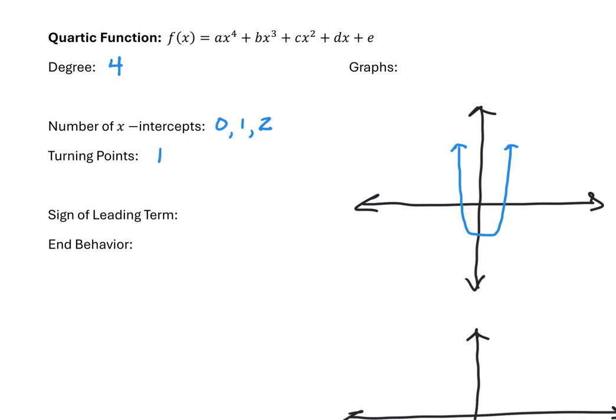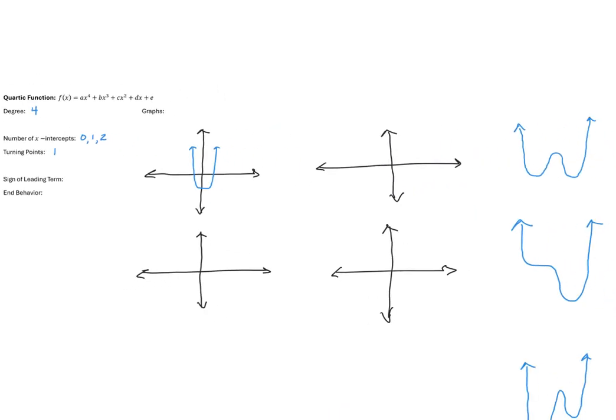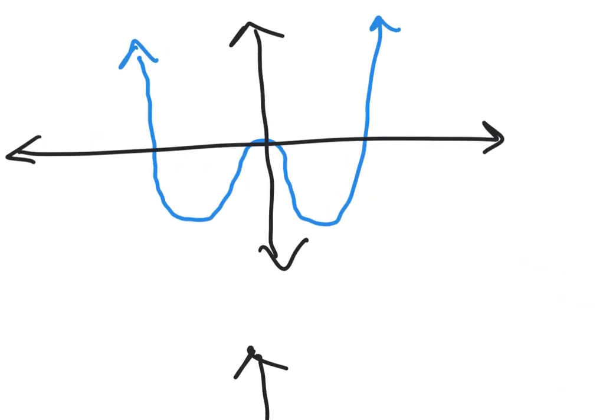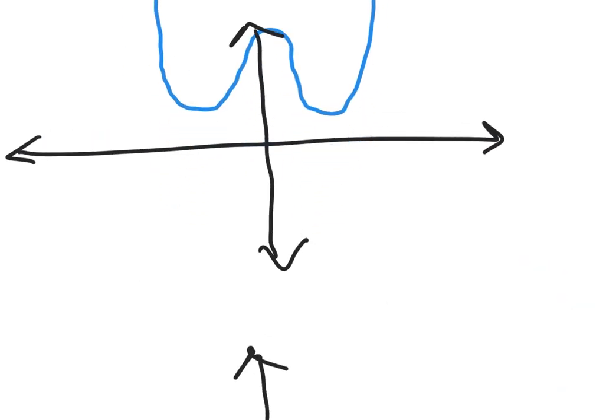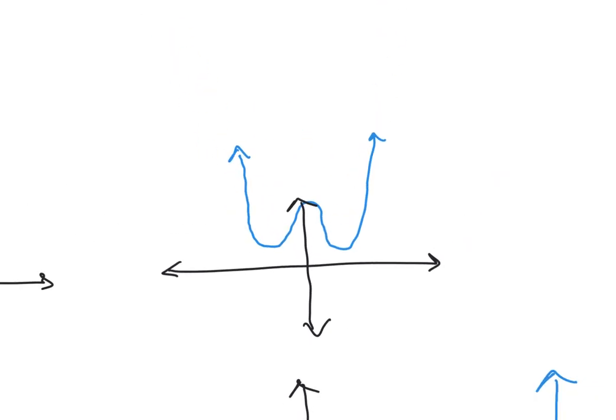Now we have more configurations that we can look at. The second configuration is going to be one like this. Again, we can have it above the x-axis, and we have no x-intercept, so we still have 0.